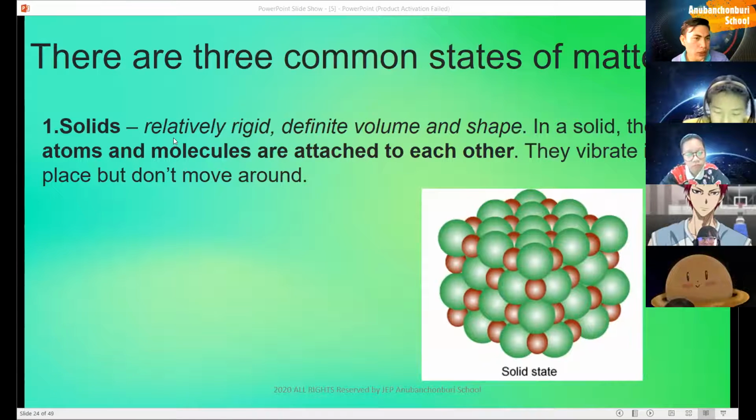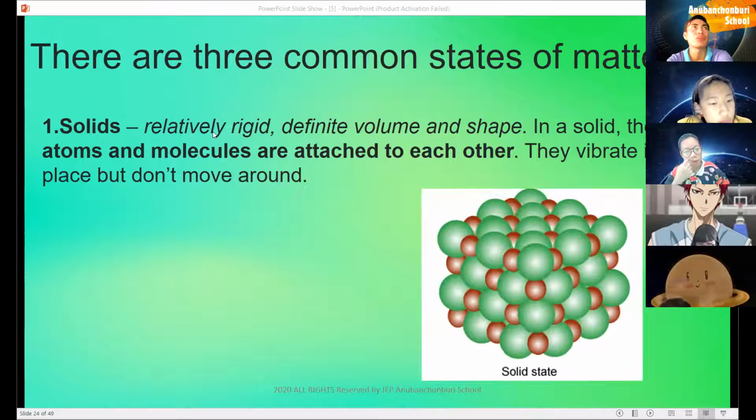Okay, so we have here solid. Solid is very rigid. It means you cannot bend it. Like I mean, you can. I think you can bend it like a metal. Yeah, if it is a little bit soft, you can bend. But this is relatively rigid compared to other phases. So it has a definite volume and shape.